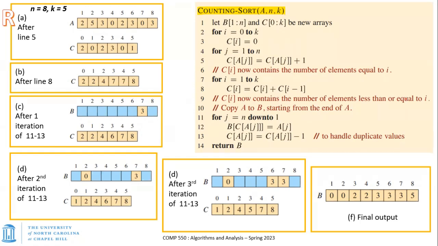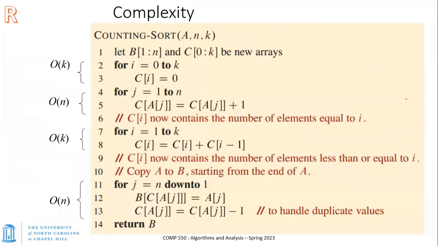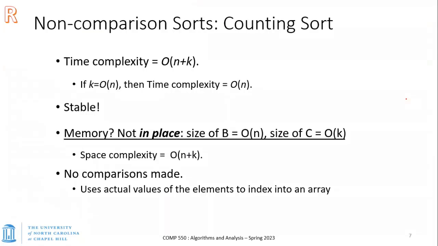These are some of the examples from the book as well. We saw that the complexity of counting sort depends not only on n, but also on k, the range. k can of course be extremely large, but generally counting sort is applied in scenarios where k is of the order of n.